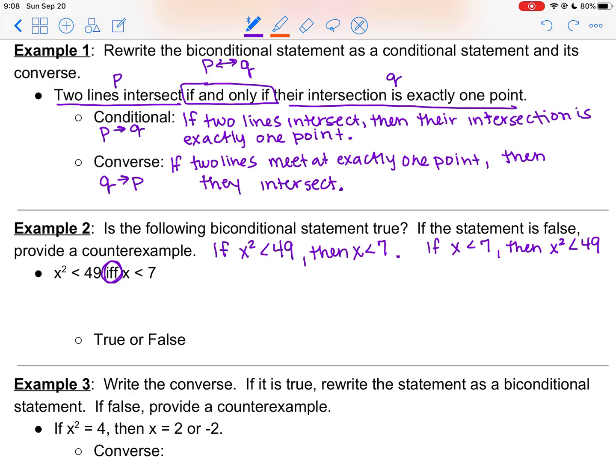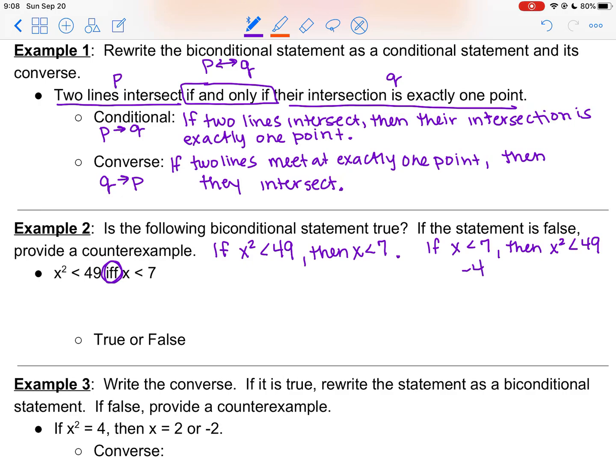All right, so now let's look at if x is less than 7. There aren't any bounds on x, whereas there were on x squared. So if x is 1, 1 squared is 1, that's still less than 49. But it didn't tell me anything about 0, 0 squared would be 0. It didn't tell me anything about the negative numbers.